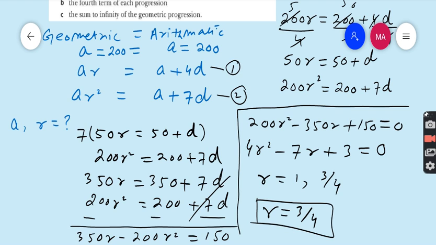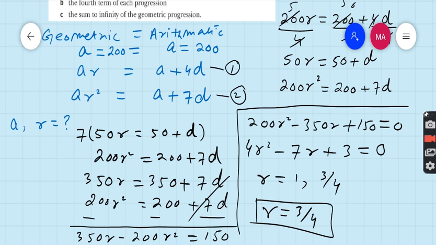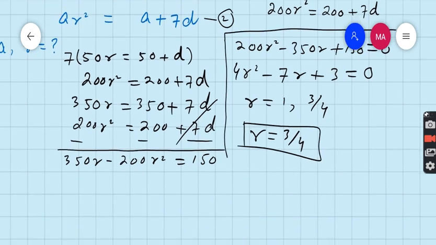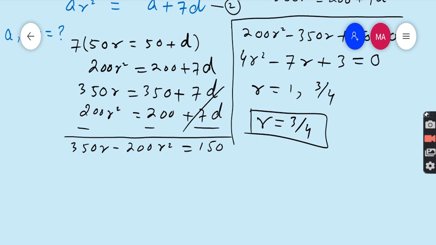What is part B? Part B is the fourth term of each progression. Before we find the fourth term, first we have to find the value of d. So we have the equation of r and d.